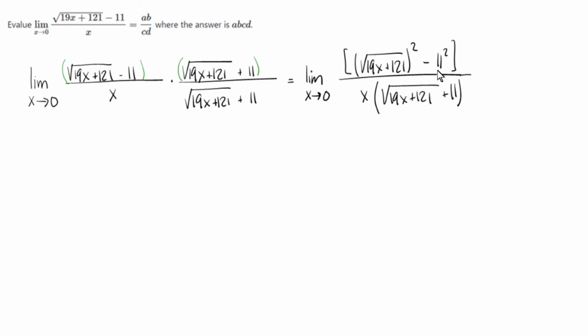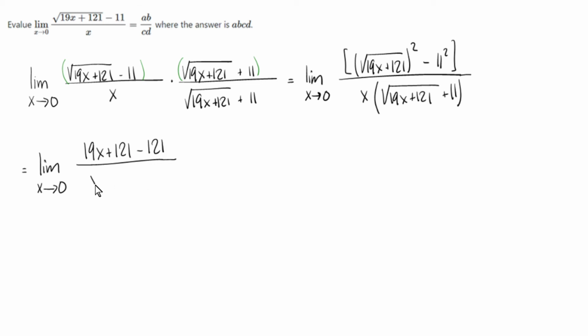Let's clean up the numerator. So squaring a square root will eliminate the square root. So we're going to be left with 19x plus 121, and then 11 squared is 121.